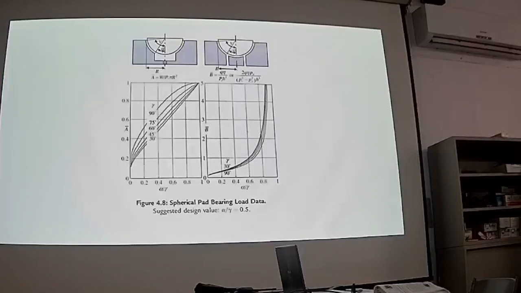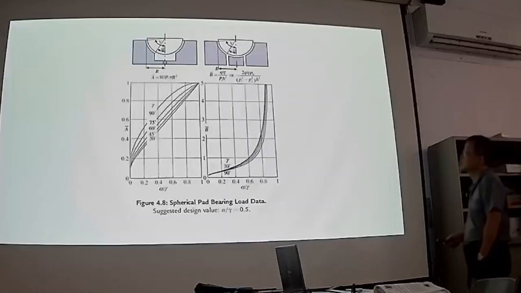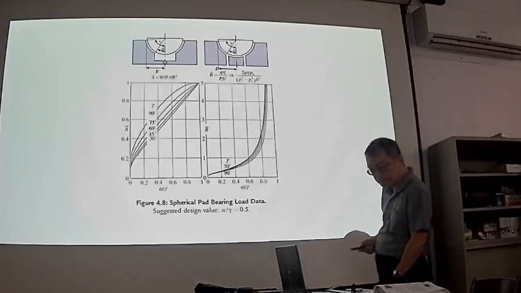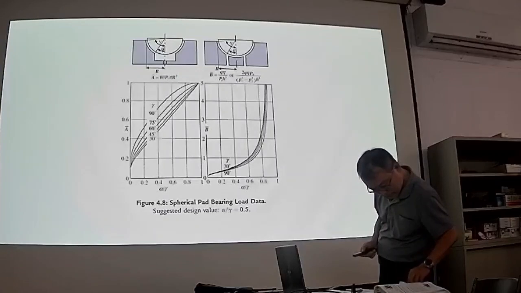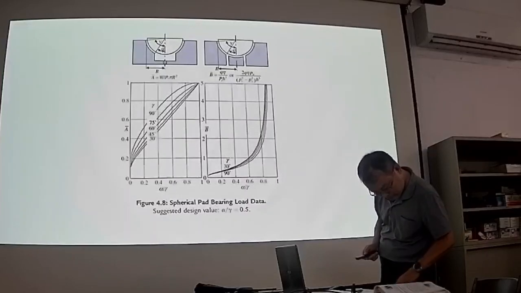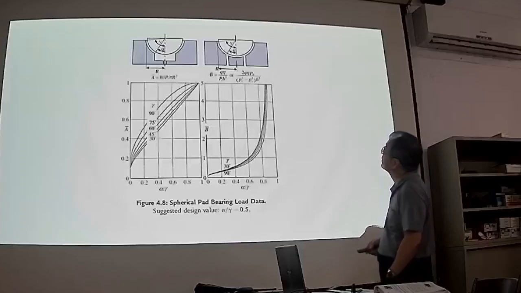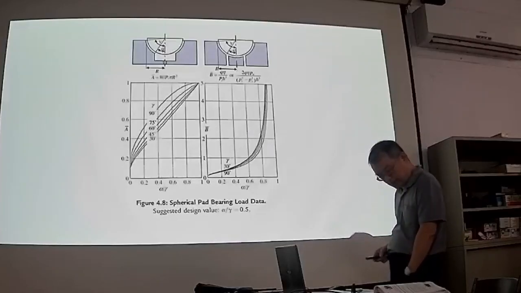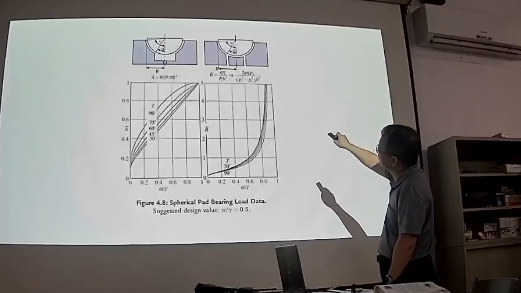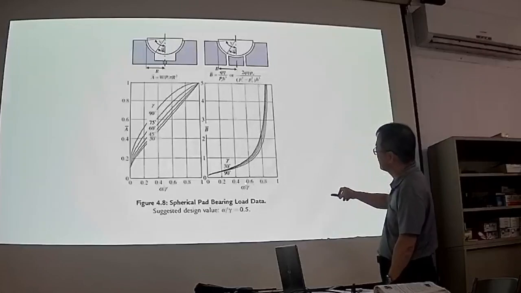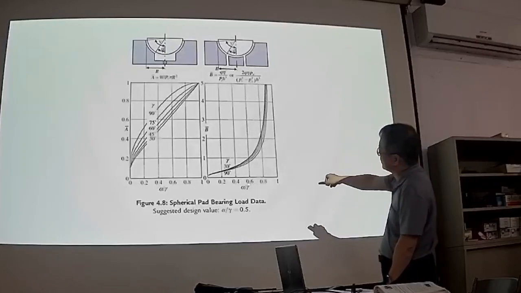So we have this design chart. The notation is again wrong. So this A might be the alpha, okay? The Y might be the gamma.